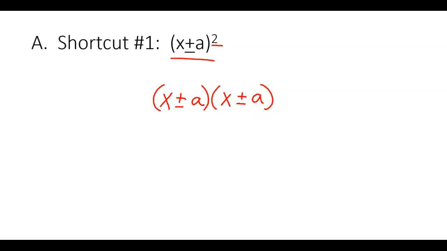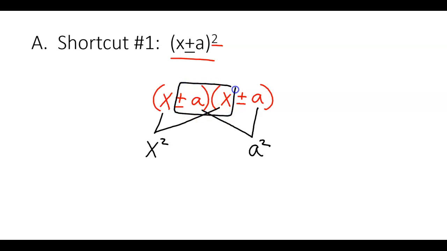But here's the shortcut: you do the two first numbers multiplied together, so x times x in this case. You do the two last numbers multiplied together. And then you do the two middle numbers, the x and the positive or negative a, and then you double it.